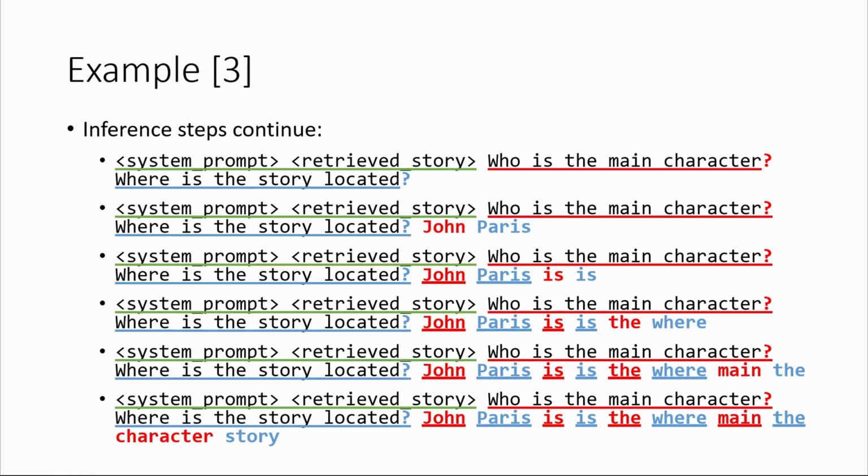And that is the crux of multi-decode. We can do multi-decode any number of ways. You don't have to limit it to 2. We could do 3 parallel decodes. You could ask, who's the main character? Where's the story located? What time period is the story? And those are all parallel questions. If you had 10 parallel questions, you could ask all 10 of them.